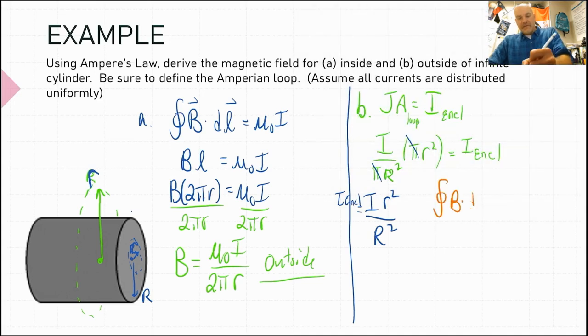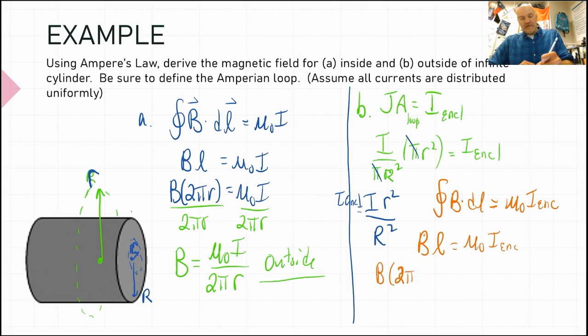Now we do our integral of B dot dl equals mu naught I enclosed. Again, don't let it freak you out: B dot dl is just going to be B times L. L is going to be 2 pi r, the length of our loop, which was called lowercase r.